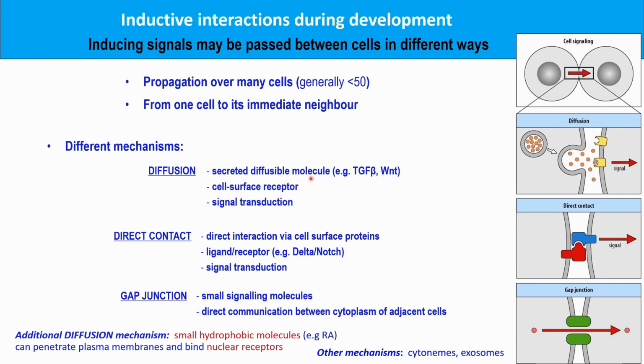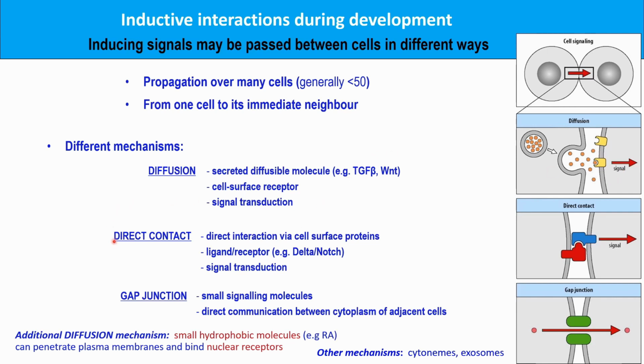And examples of this would be the secreted diffusible molecule like TGF-beta or Wnt, wingless signaling ligand. And the typical thing then would be binding to a cell surface receptor and causing a signal transduction event in the receiving cell, inducing it to differentiate, let's say.